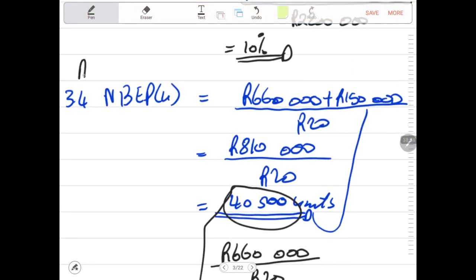You say: assume net income of 150,000 rands. Or you can just write both of them, just to be in the safe position.